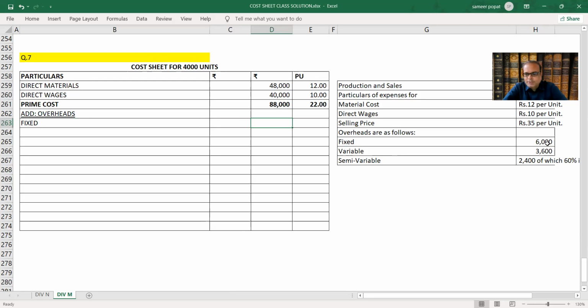Fixed overhead is 6,000. Let us divide this 6,000 by quantity 4,000. You will get per unit cost, that is 1.5.